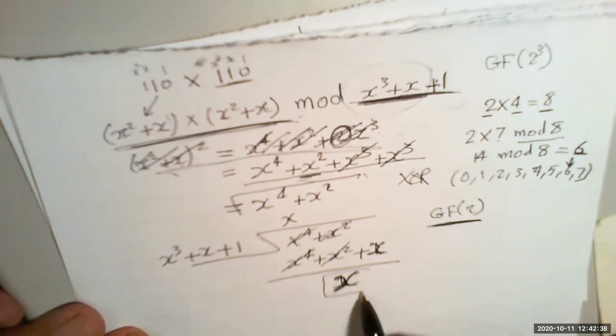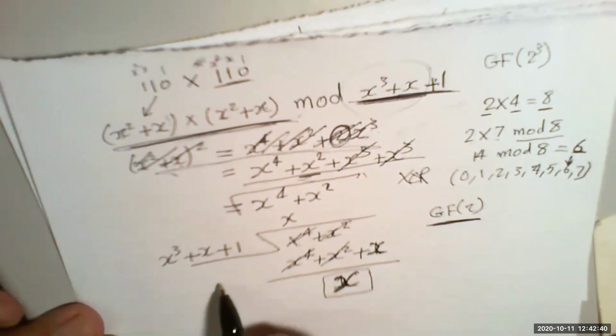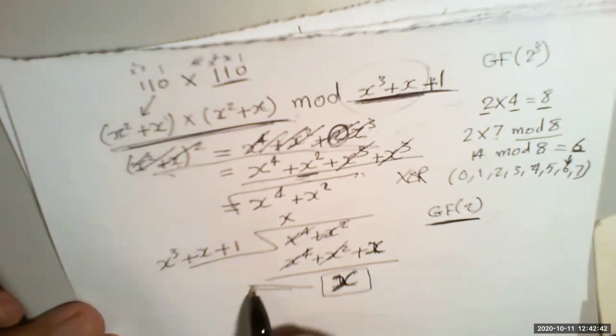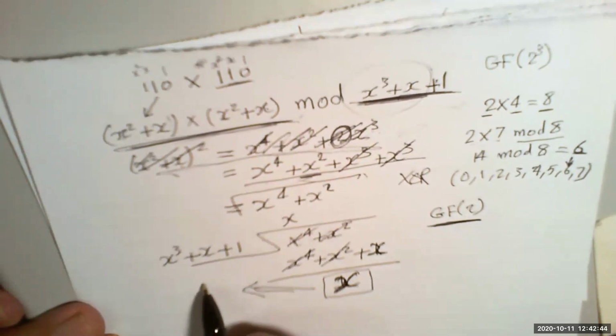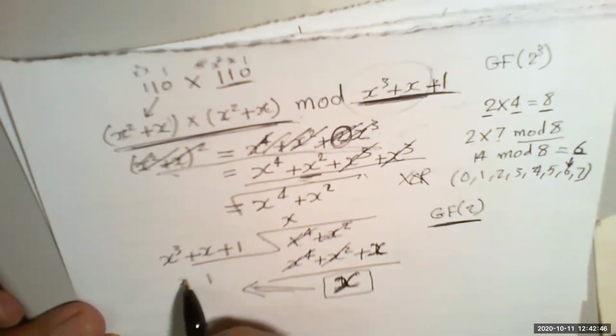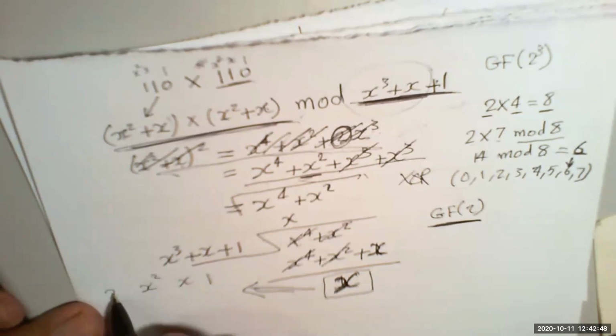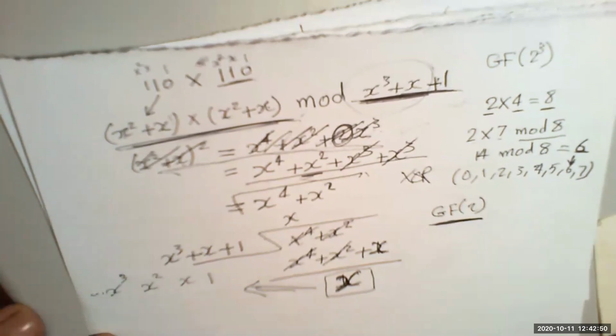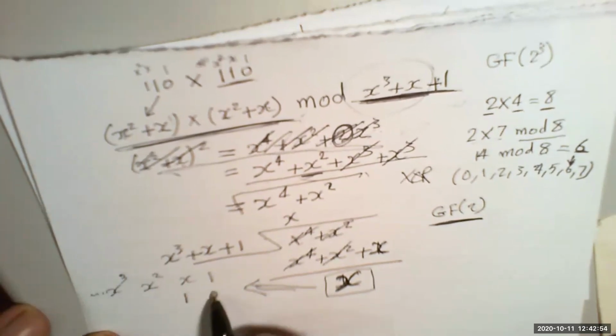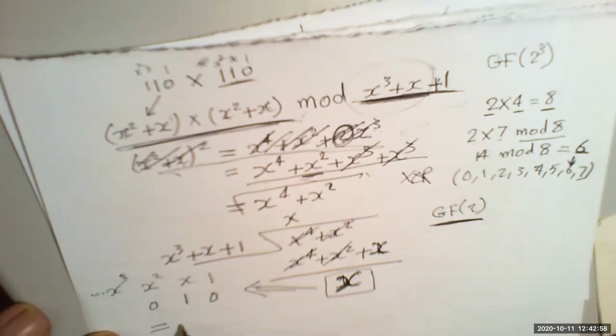What is x exactly? If I convert it to binary, I say, okay, we have 1, x, x squared, x cubed, and so on. This is just x, so I put 1 here and 0 here and 0 here. What is the value of this in binary? This is 1, 2, 4.